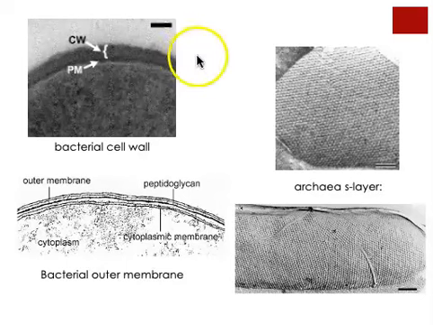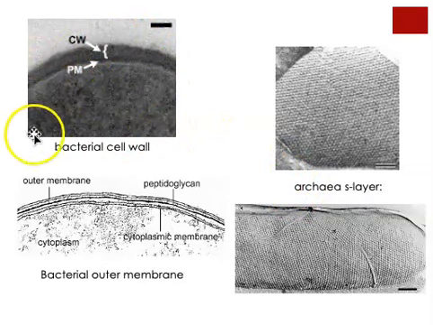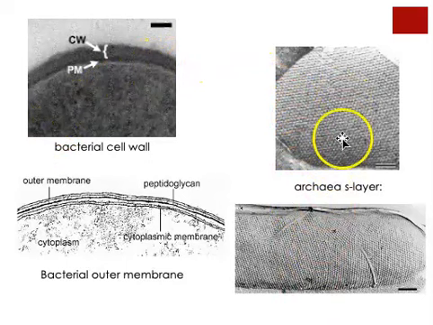Now, if you come over here to the images on the right, this is what an S layer looks like. These images were taken with a different kind of electron microscope than this image was taken. This was taken with what's called transmission electron microscopy, and these were taken with what's called scanning electron microscopy.